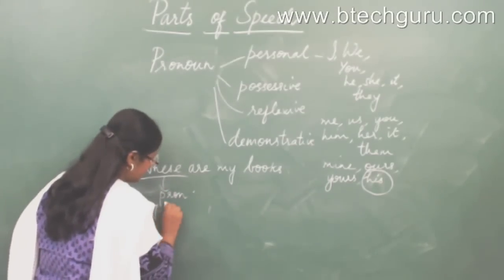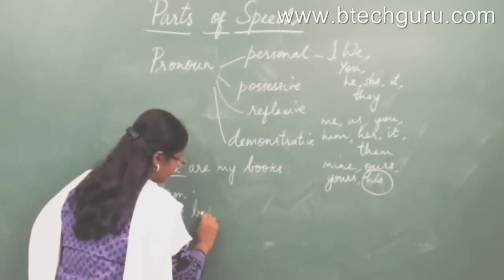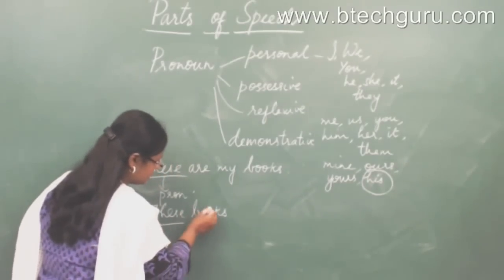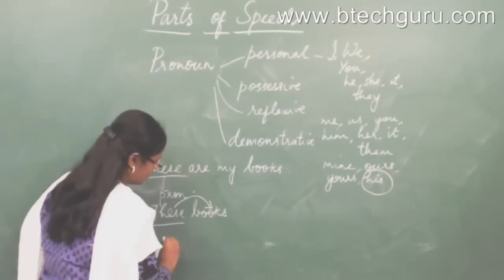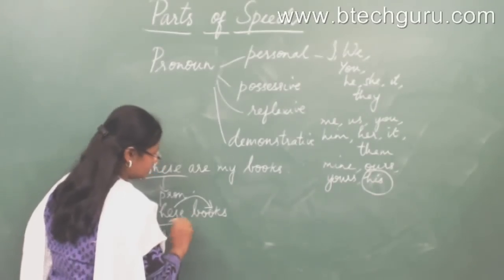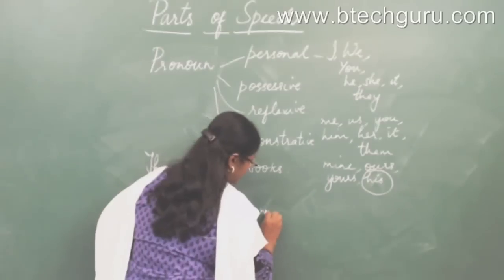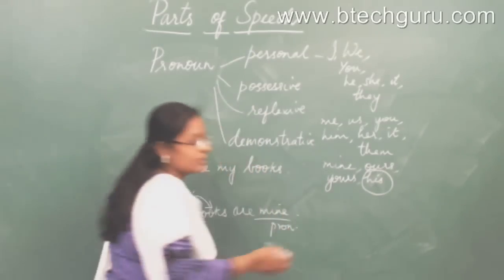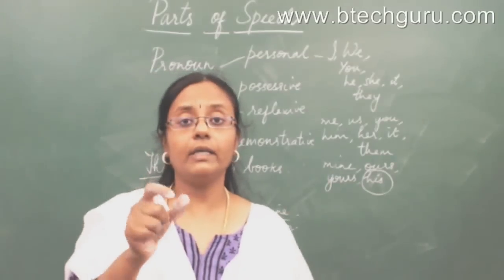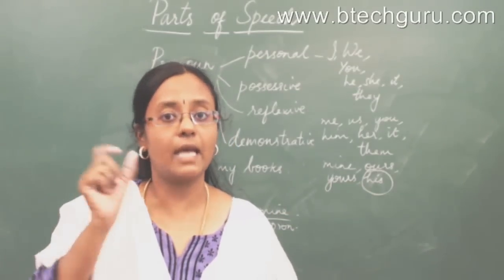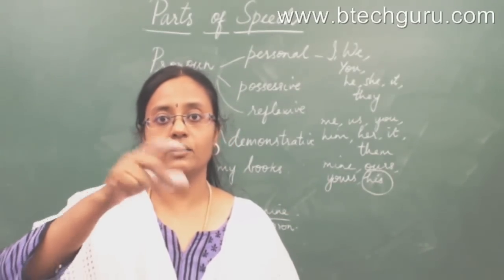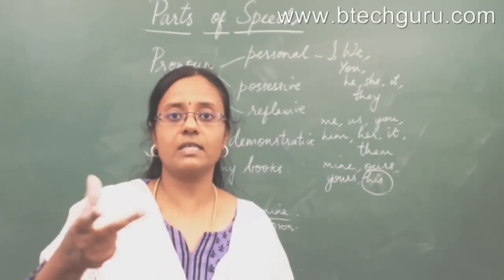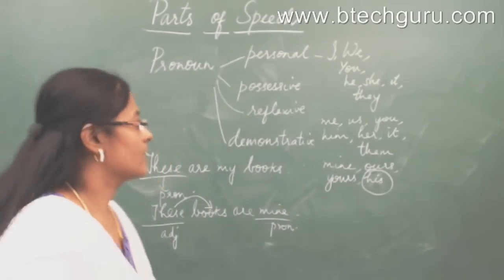But if you say these books are mine, these here talks about this noun, so this is an adjective. These books are mine. Mine is a pronoun here. So that is why I told you already, it is not the word that matters. The same word placed in different contexts of the sentence can function as different parts of speech.